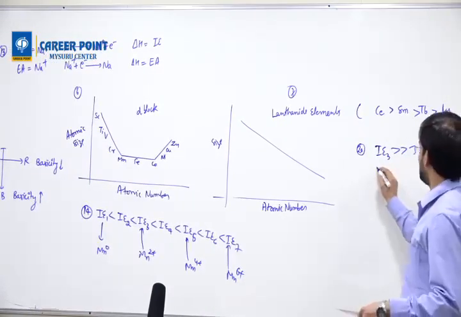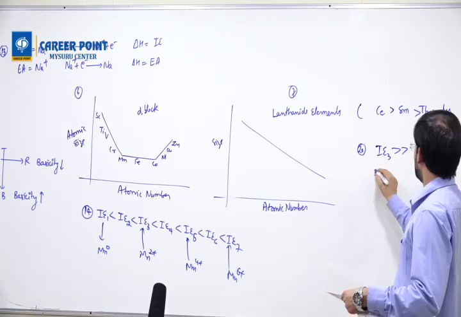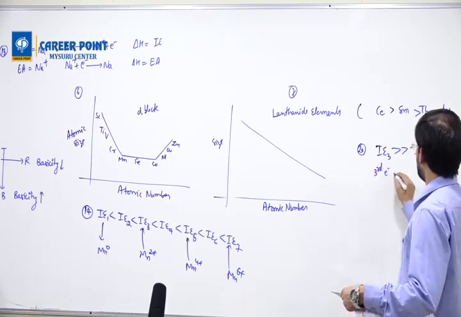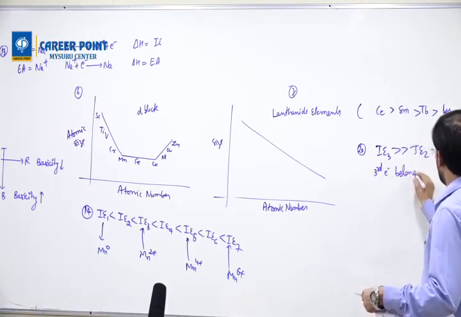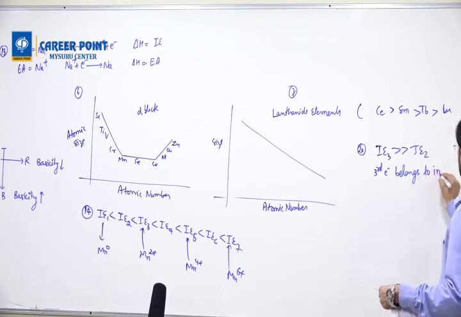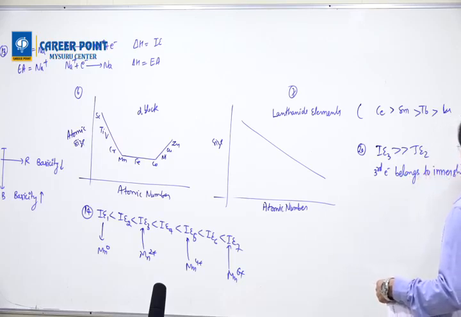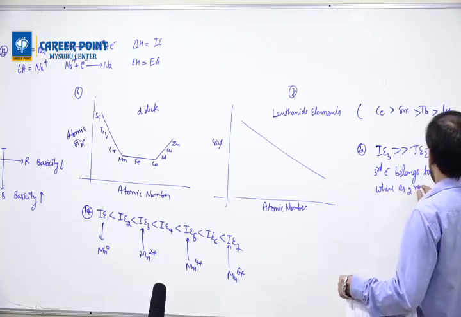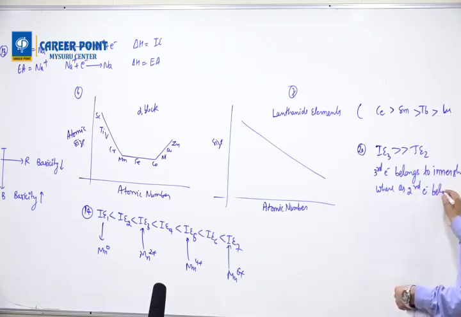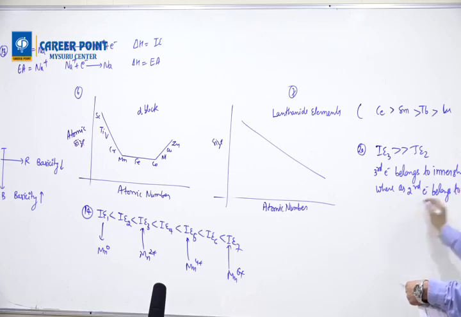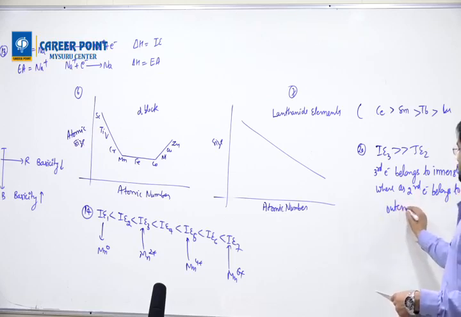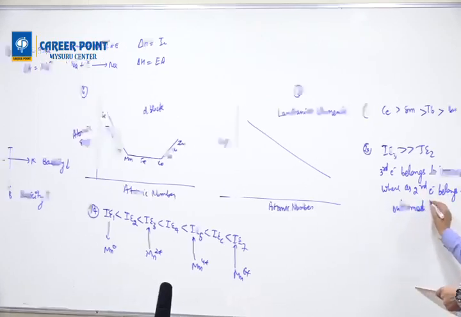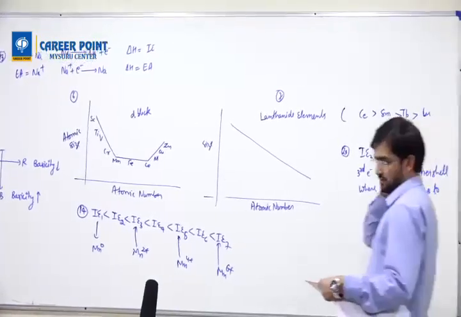This is possible when the third electron belongs to the inner shell, whereas the second electron belongs to the outermost shell.